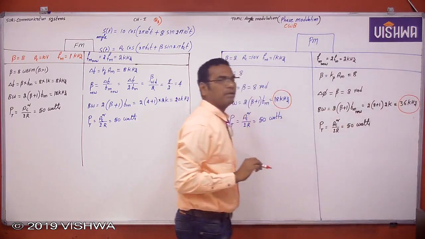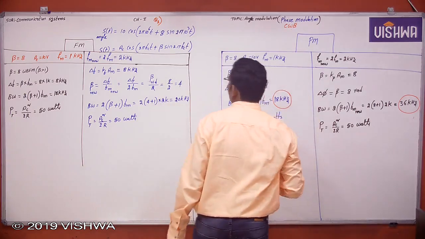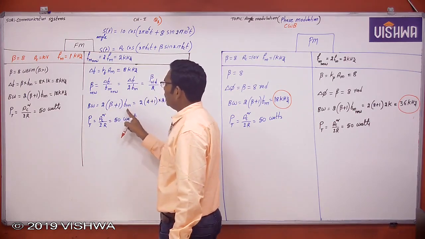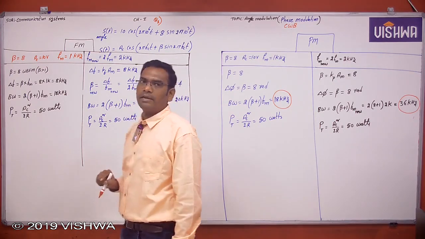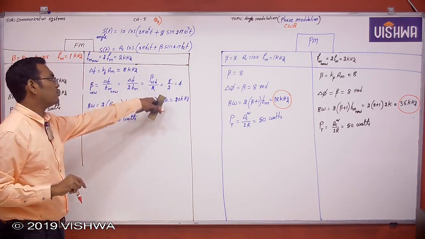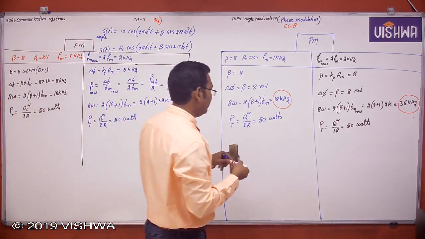Bandwidth depends not only on the message signal frequency but also on the modulation index beta. In FM the frequency is doubled and the modulation index is reduced by half, that's why the bandwidth is not doubled.